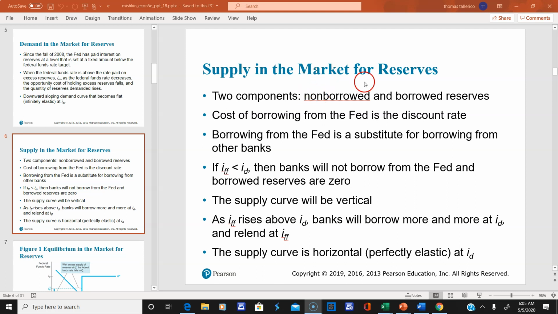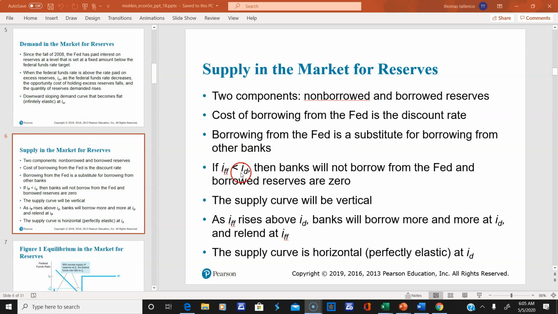there's two components, right? There's the non-borrowed and the borrowed reserves. And the borrowed reserves are when they're borrowing directly from the Fed. And the non-borrowed is when banks borrow from each other, right? So when banks borrow from the Fed, that's the discount rate. So again, a lot of times banks don't like to do this, all right? So you can borrow from the Fed at the discount rate.